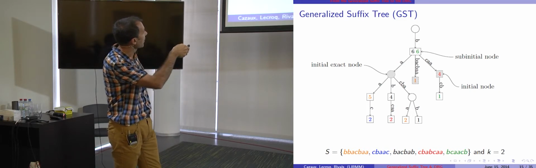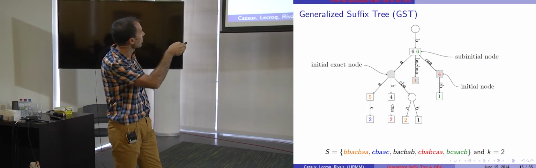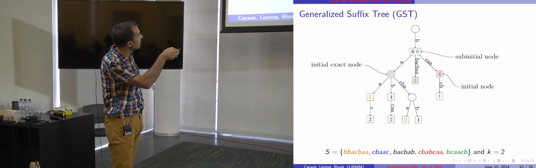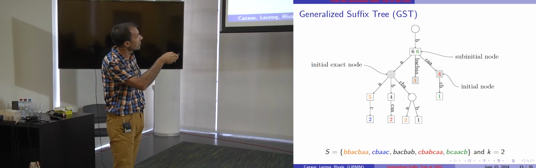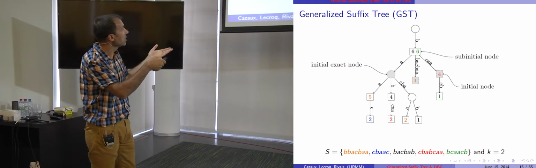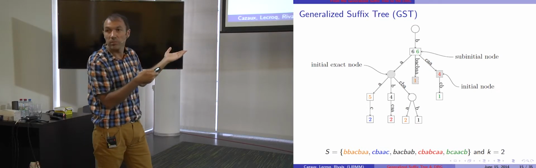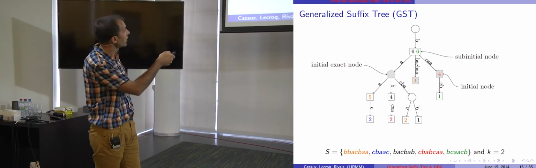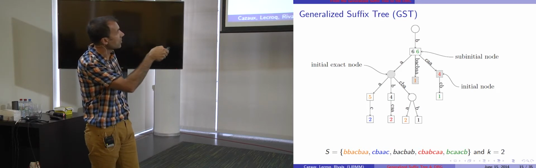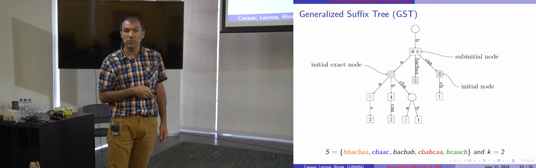Some of them are of length 2. That's an initial exact node. It represents BA for k equal 2. And some of them, like BCAA, represent a word of length 4, but the prefix of length 2, BC, is the only one represented also by this node. Is that okay? This is an initial node. And of course, this one here represents the word B. This is subinitial. This is length k minus 1.